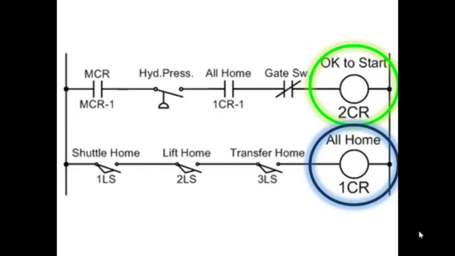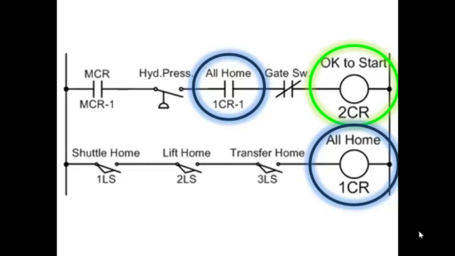1CR, when it's energized, it's an indication that all 3 homing switches are at home. In other words, on this machine there's 3 axes of motion, and if they all are in the home position, then all 3 of those limit switches will be on, and 1CR will energize, which will then close the contact 1CR-1.